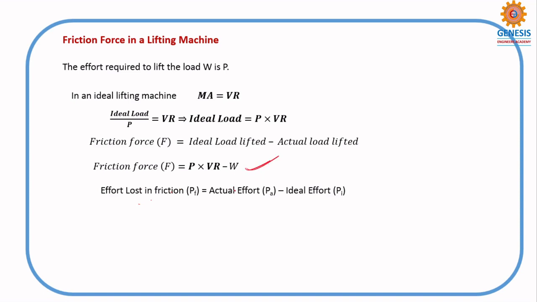The same thing I am going to discuss: suppose there is W that is to be lifted. Because of the friction, your effort is more. If you take this side, P into VR is equal to friction plus W. So you understand?